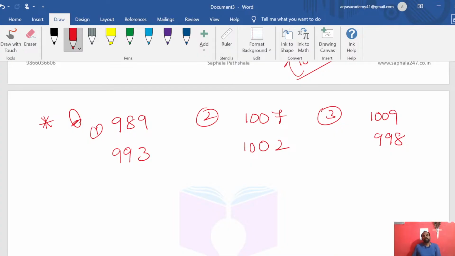Please post your answers for question number 1, 2 and 3 please, so that I can conclude the class and I will stop it.